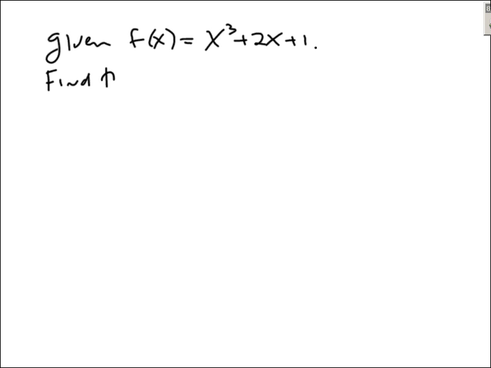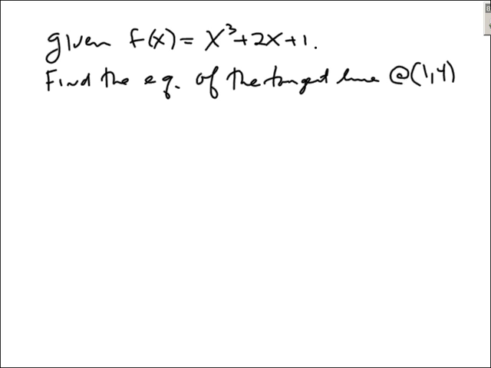You're given that f of x is equal to x cubed plus 2x plus 1. I want you to find the equation of the tangent line at the point 1, 4.